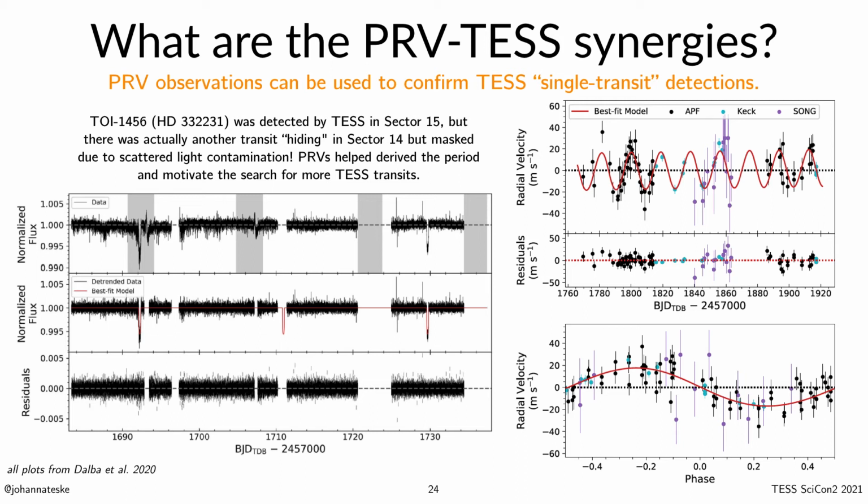This team was following the star up with radial velocities, and they got a constraint and were able to go back and look at the TESS light curve to find another transit hiding in sector 14 that was originally masked due to scattered light contamination. So that was a cool synergy between TESS, shining the flashlight, and the RVs really helping to confirm the planet.